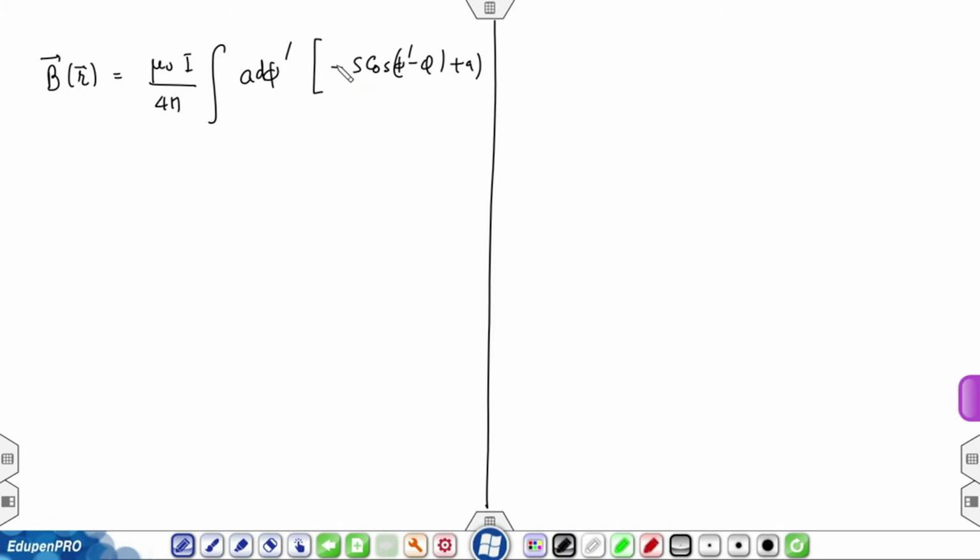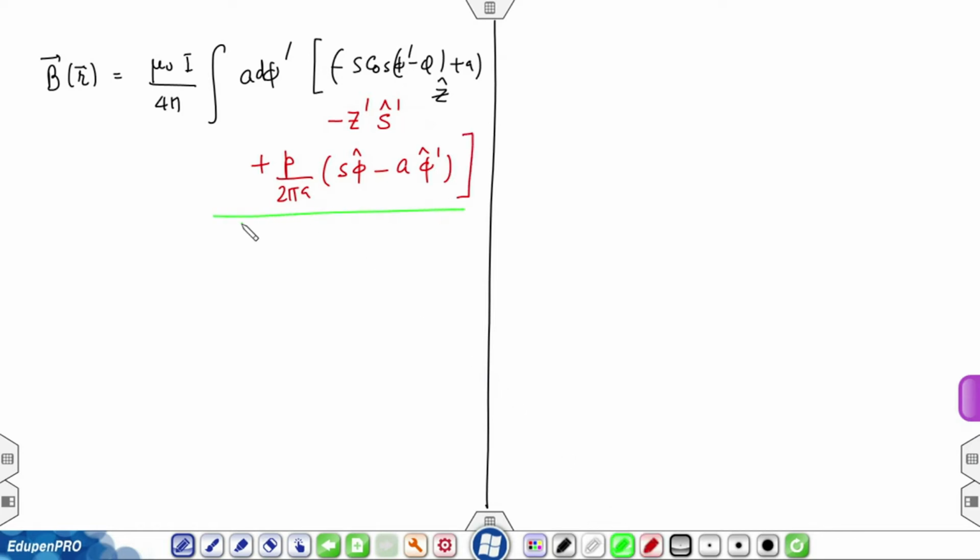plus a in the z direction, minus z prime in the s prime direction, and then I have plus p over 2 pi a, s phi minus a phi prime, closed, divided by mod s minus s prime square plus z prime square raised to 3 by 2.